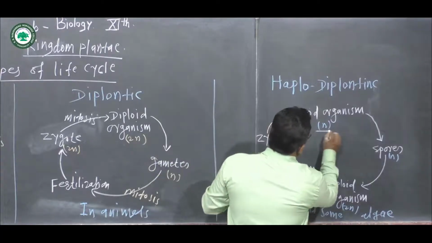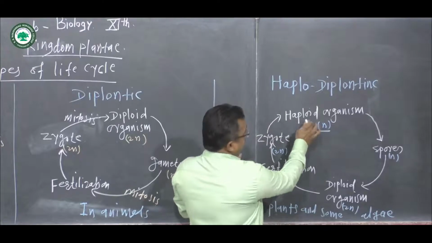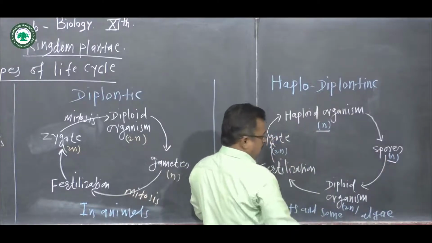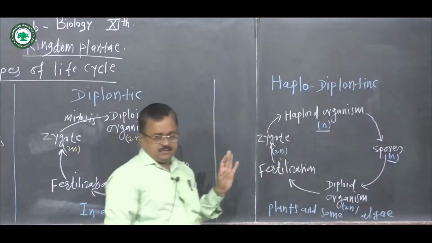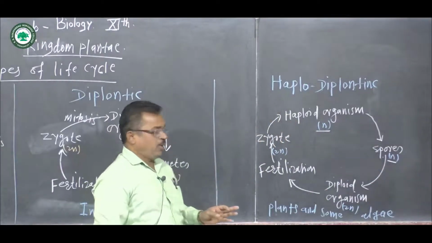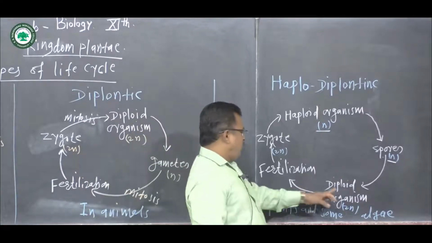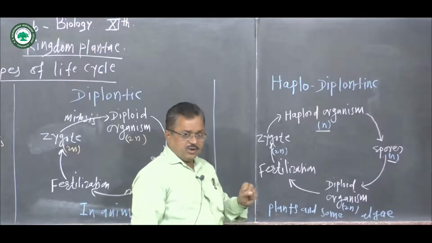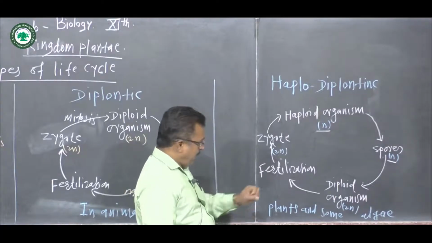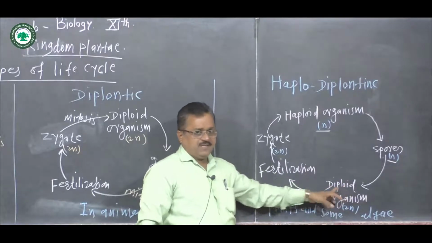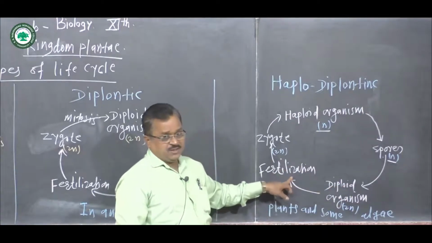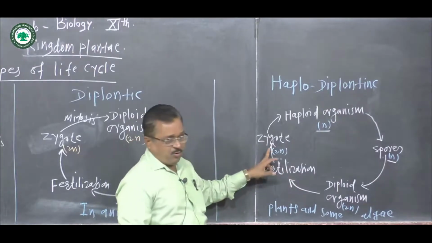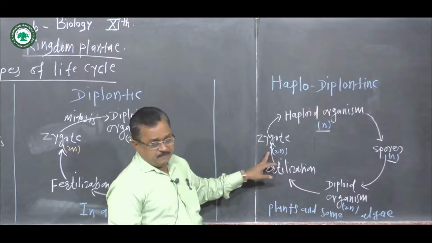Haploid gametophyte organisms produce the spores by meiosis. These spores germinate and produce the diploid organism. Then this diploid organism produces the gametes. Here also meiosis occurs and gametes are formed. These gametes fuse to each other, that is the process of fertilization. Then after the fertilization zygote is formed. The zygote is diploid.